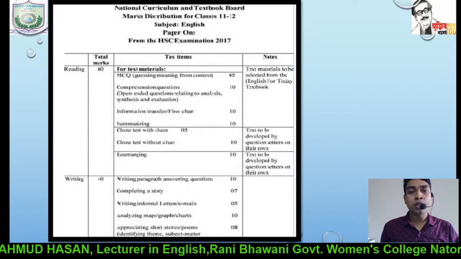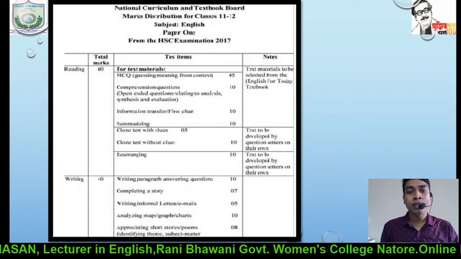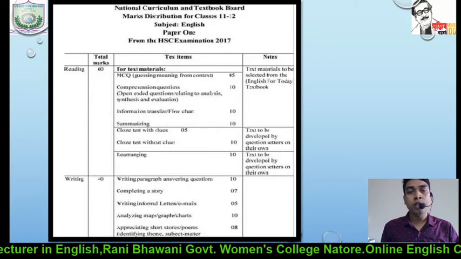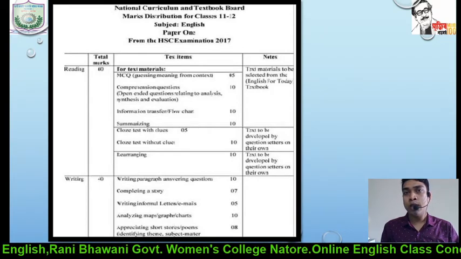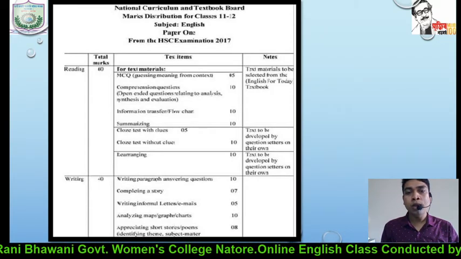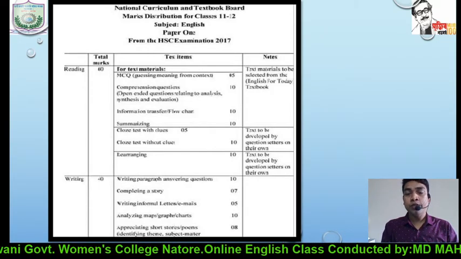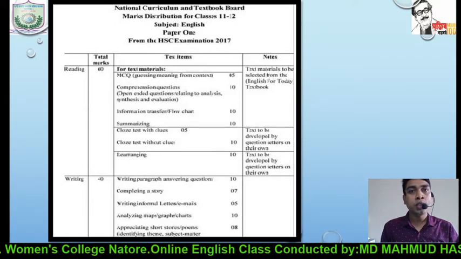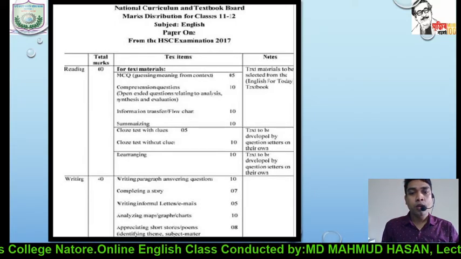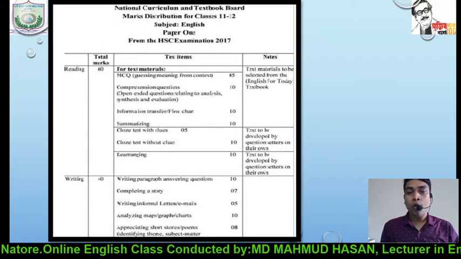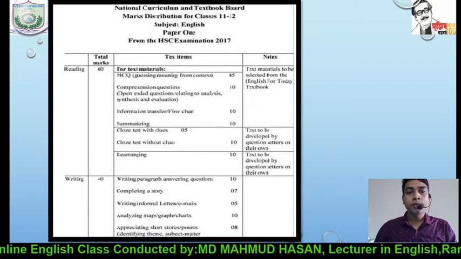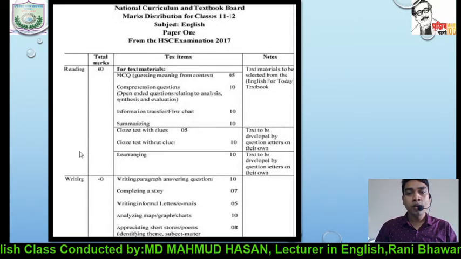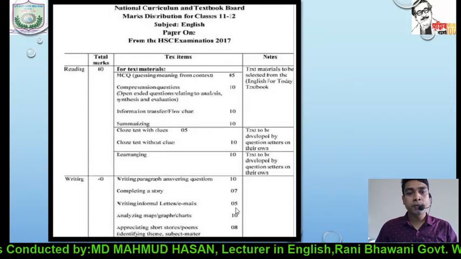Then you need to answer writing informal letters or email. You know, there are 2 types of letter, informal and formal letter. In the first part, you need to answer an informal letter or email, and this question item will cover 5 marks.